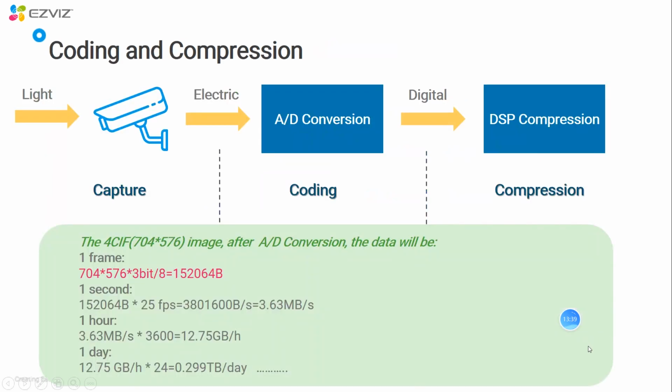If the picture is uncompressed, how much video capacity will be generated?